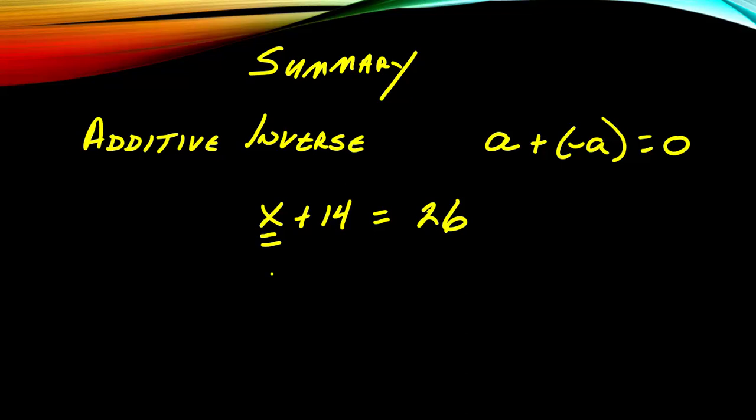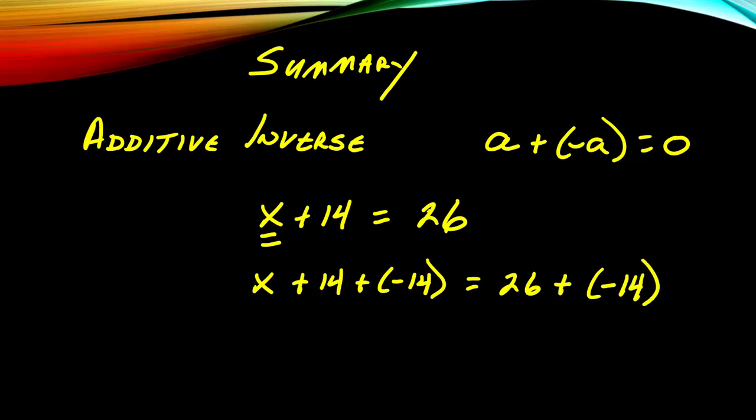So we would have x, employing the additive inverse, we would have that number add its opposite. And we'll do the same thing to the right-hand side to maintain the equality. We're going to add a negative 14.